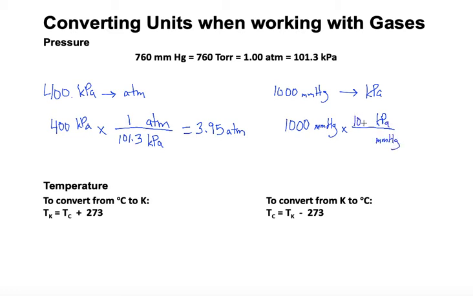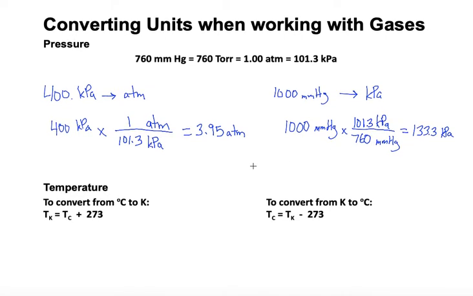So 101.3 kPa is the same as 760 millimeters of mercury. That's what mmHg stands for. And that would give us, when you calculate it, 133.3 kPa.